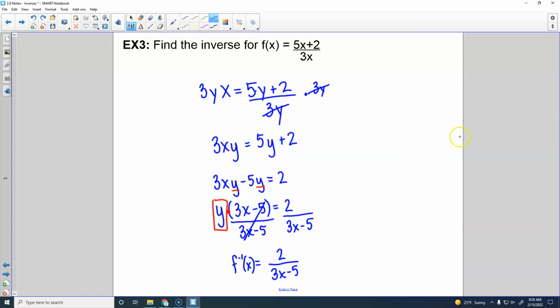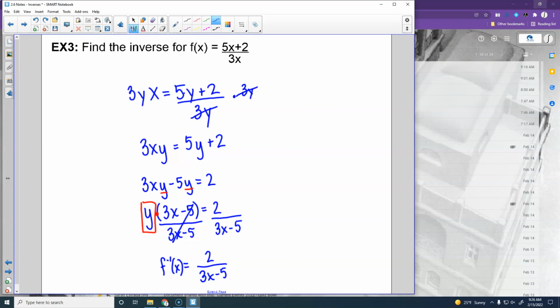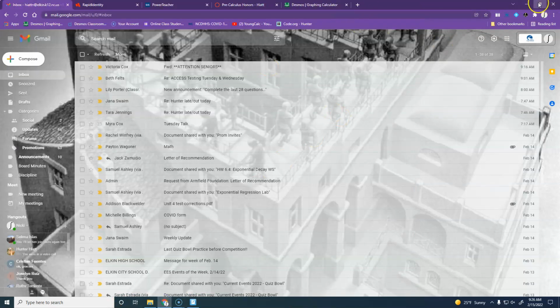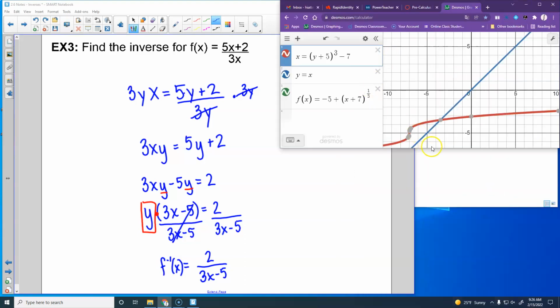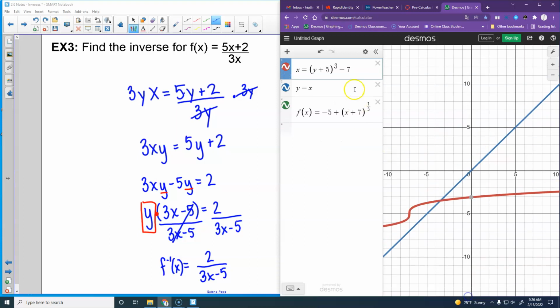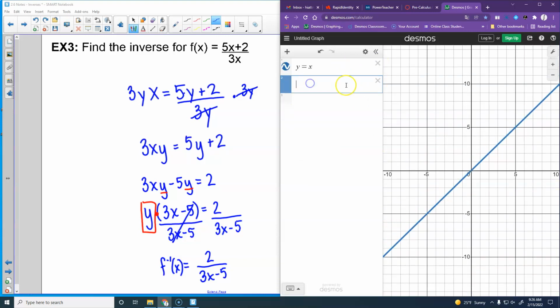Just to make sure that it's right, we can always graph these here. The original was y equals 5x plus 2 over 3x.